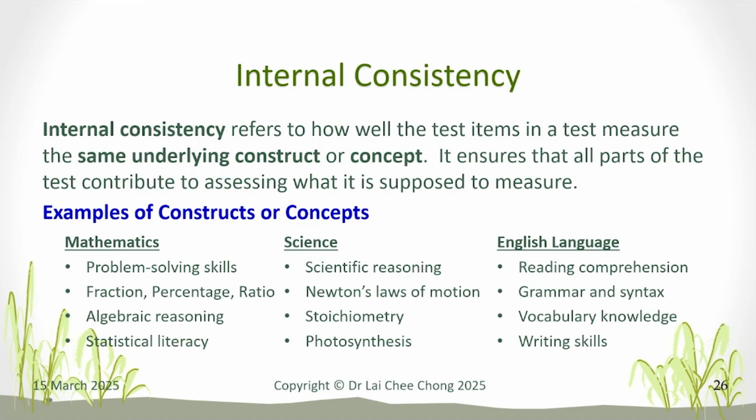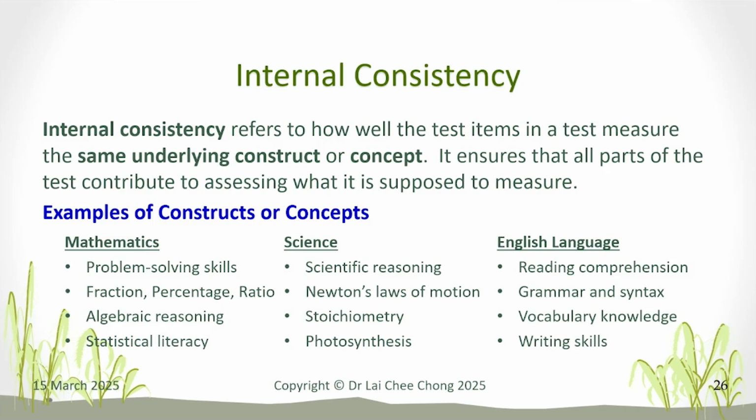Algebraic reasoning, one whole area. How to do algebraic reasoning? Or statistical literacy. Can you interpret the statistics? So these are the whole areas in mathematics they can do. Or for science, you look at how students can do scientific reasoning. In physics, everything about Newton's laws of motion.